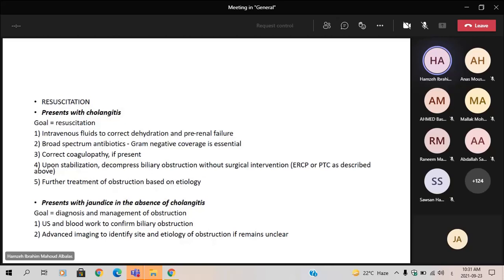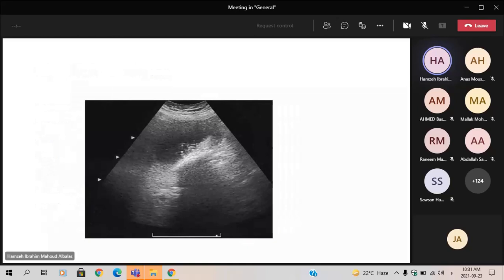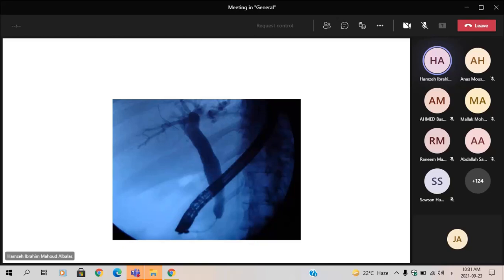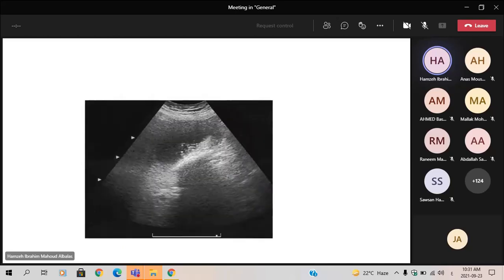Also, we can perform ultrasound and blood culture to rule out sepsis, or if the patient presents with sepsis or septic shock, we have to do stabilization first. So the major point we have to know is the type of imaging and treatment for obstructive jaundice. Jaundice of surgical cause is most likely due to obstruction of the common bile duct or the hepatic duct.